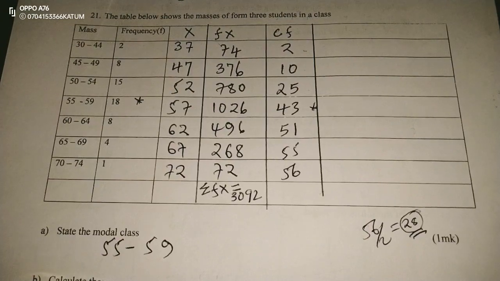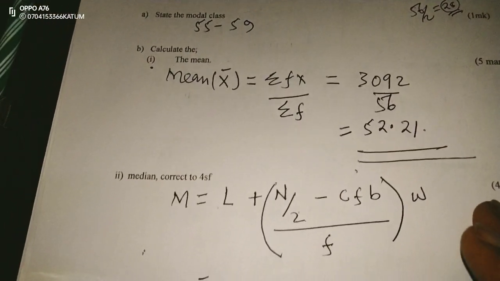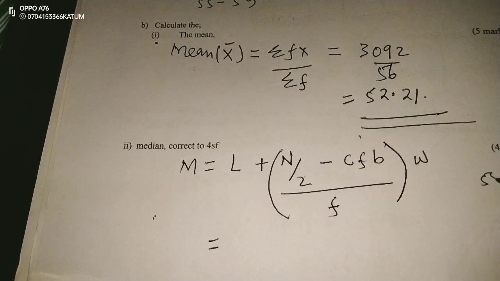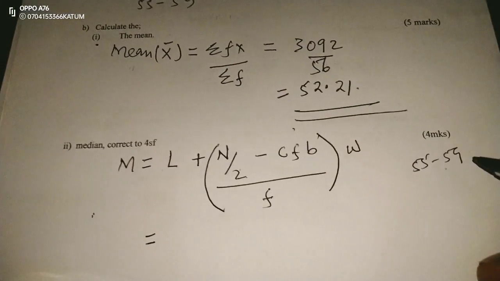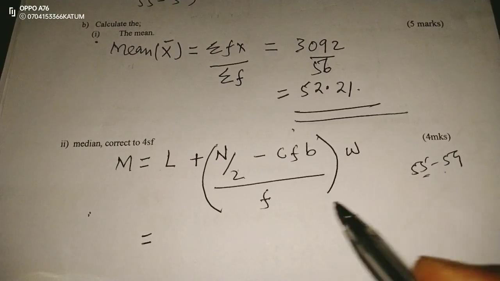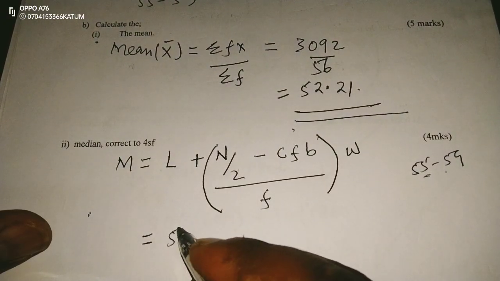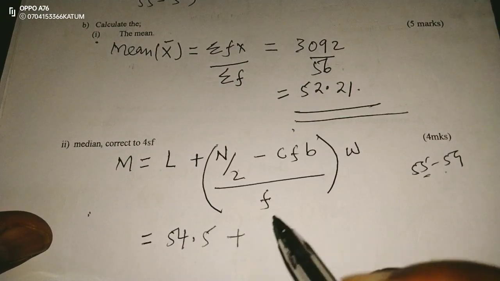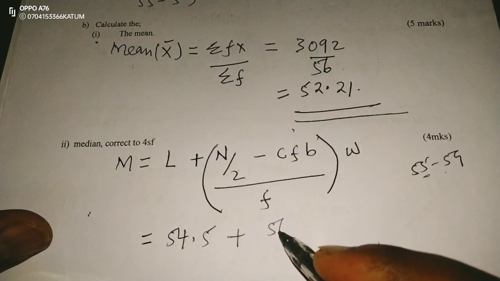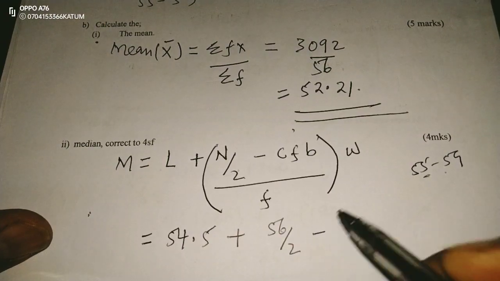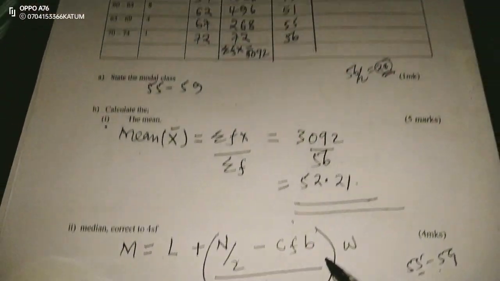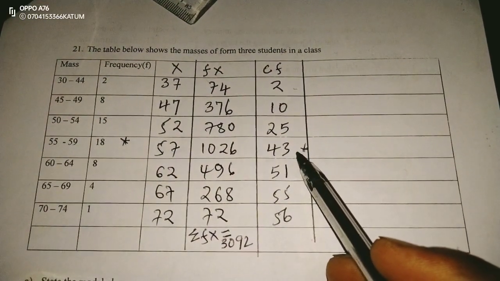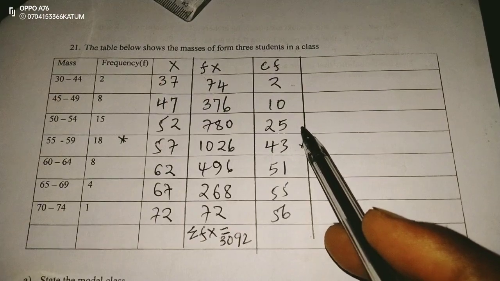So we're going now to have substitution in the formula, whereby, because the class is 55 to 59, I need the lower class boundary here, which will be 54.5 plus 56 out of 2 minus the cumulative frequency just before this class. So the cumulative frequency at the class is 43, but we want the cumulative frequency just before the class.